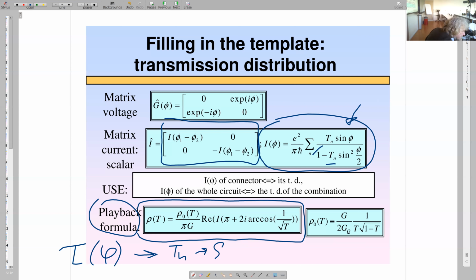Here, it is a denominator we need, and as a function of complex phi, it will have a pole, and the position of this pole will be given by the transmission coefficients. So if we can find the distribution of poles of this function, we will find the distribution of these transmission coefficients.